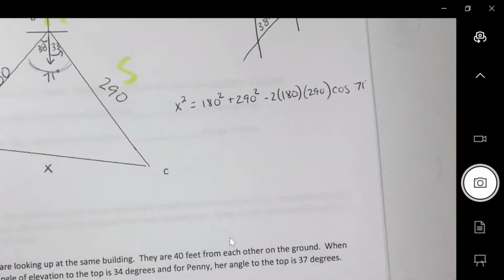Okay, so calculator time, I'm going to enter it all, and then I'm going to square root.